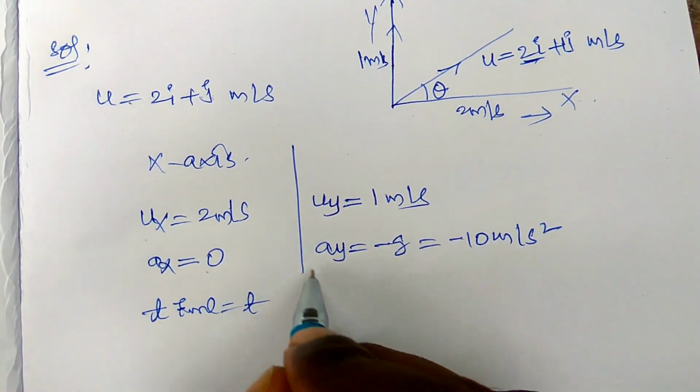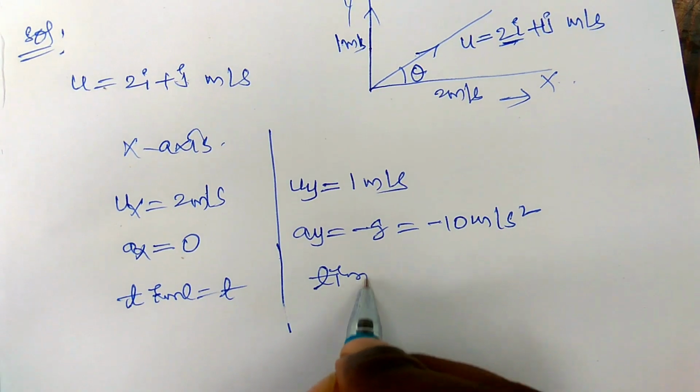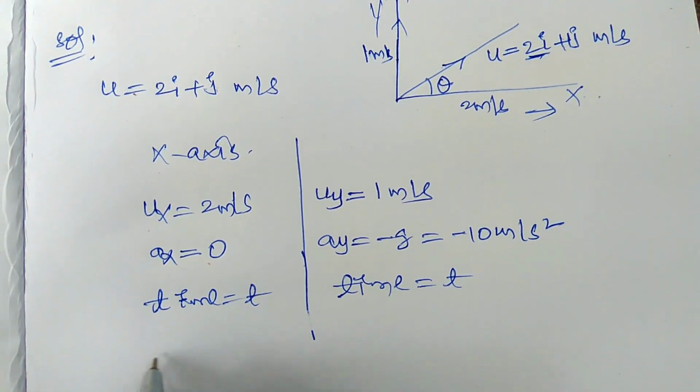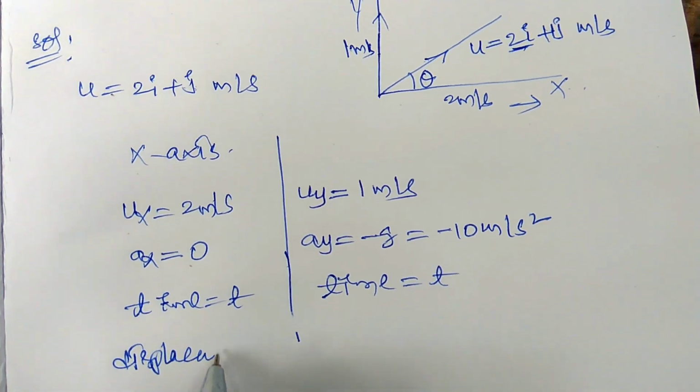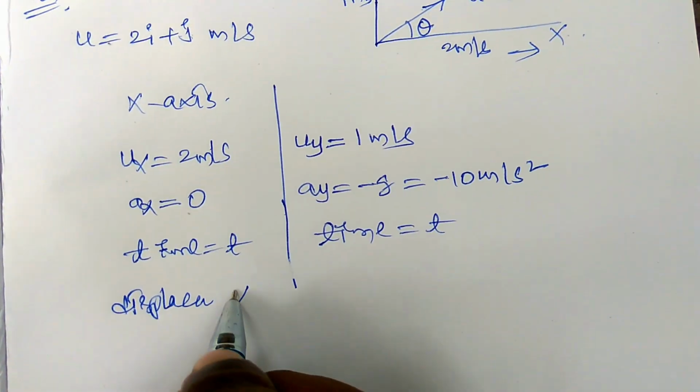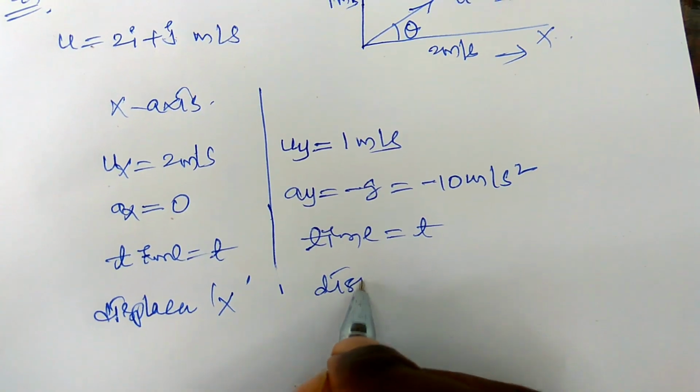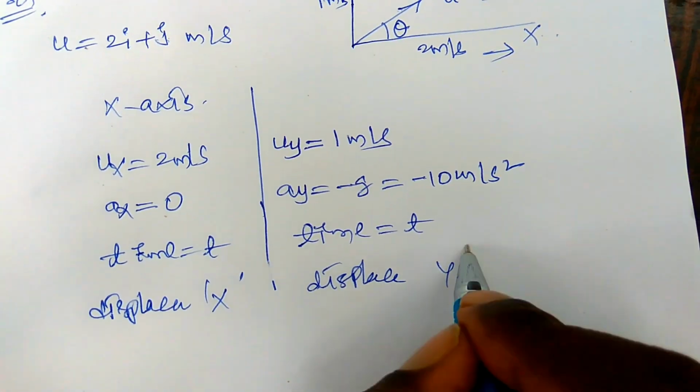Here also time is equal to t. The displacement of the object in x direction is x. The displacement of the object in y direction is y.